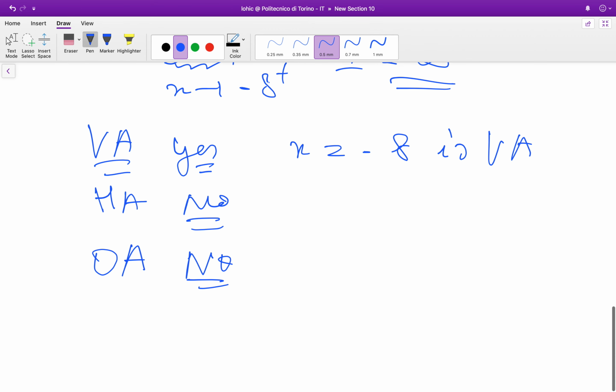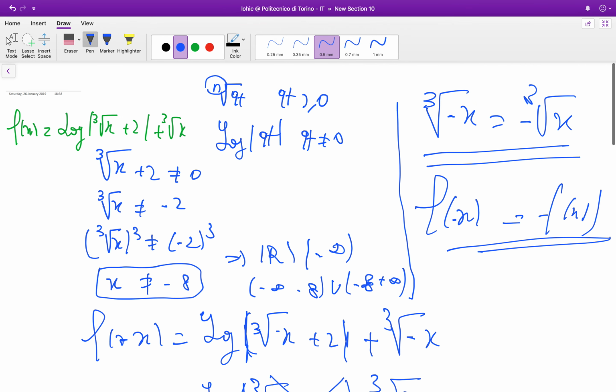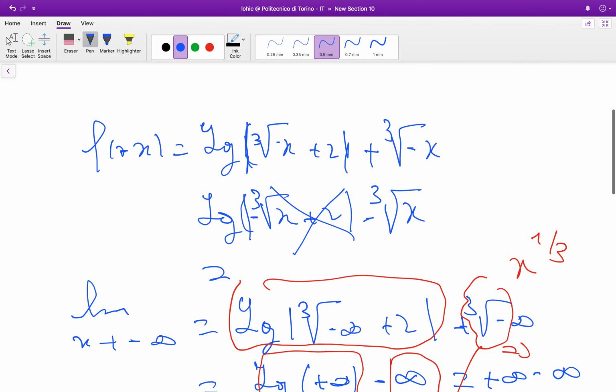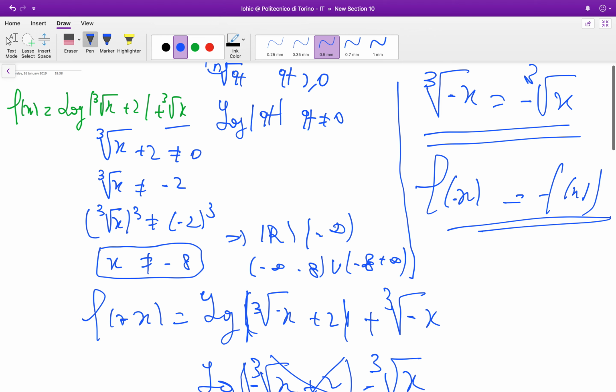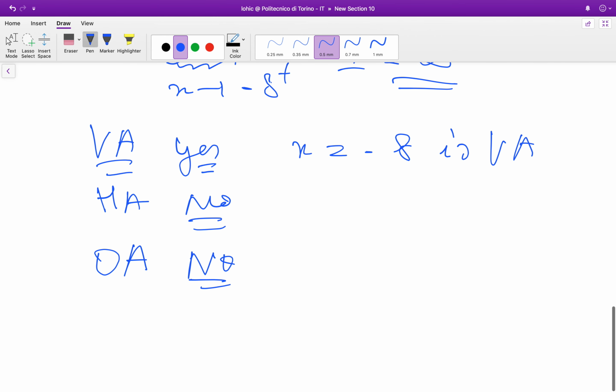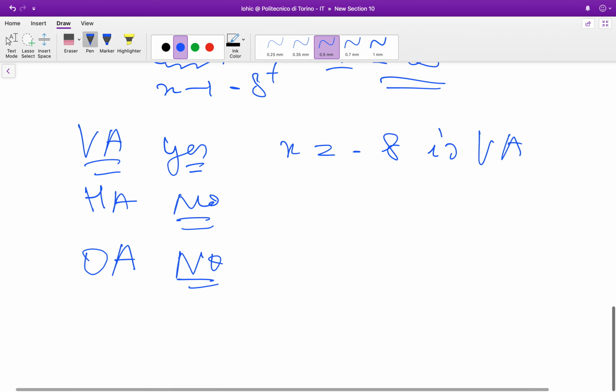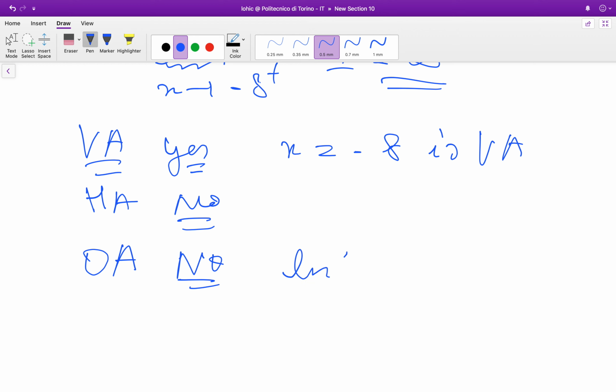Why? I don't even need to check, because look, the function, to have an oblique asymptote, should be equivalent to a line when x tends to infinity. I repeat, the function to have an oblique asymptote should be equivalent to a line when x tends to infinity. But in this case, we have the function that is the logarithm of the cubic root of x -2 +2, plus the cubic root of x.